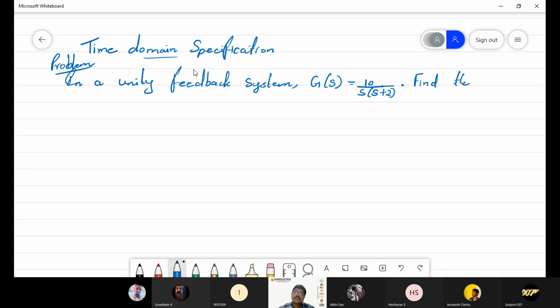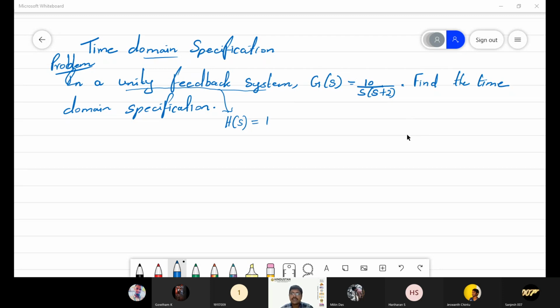Find the time domain specifications. Since it is a unity feedback system, we can write the value of H(s), which is equal to unity, that is 1. The G(s) value is given, and now they ask us to find the time domain specifications.